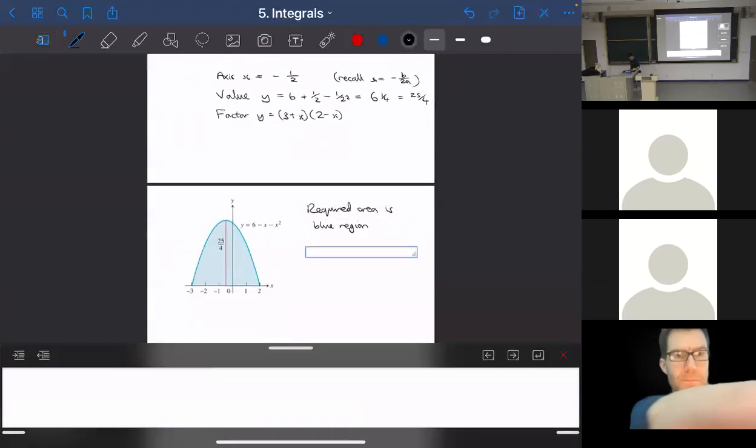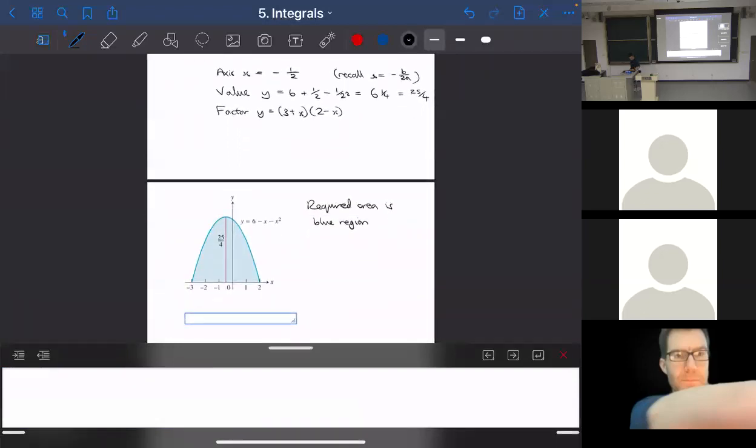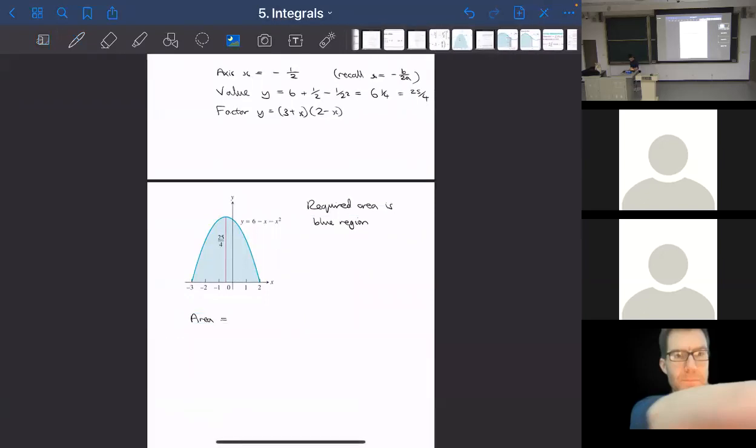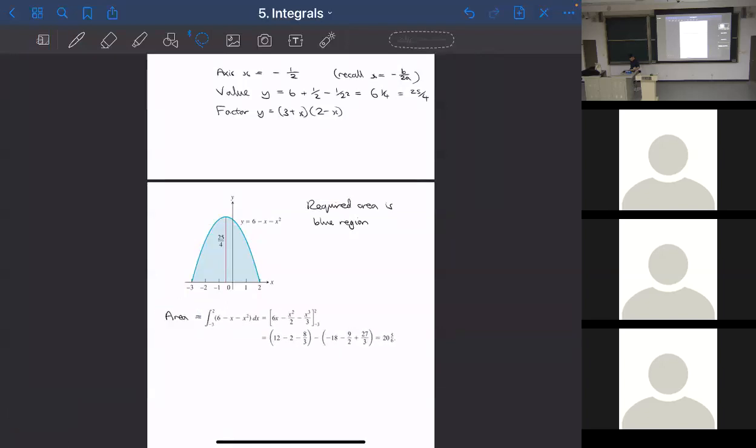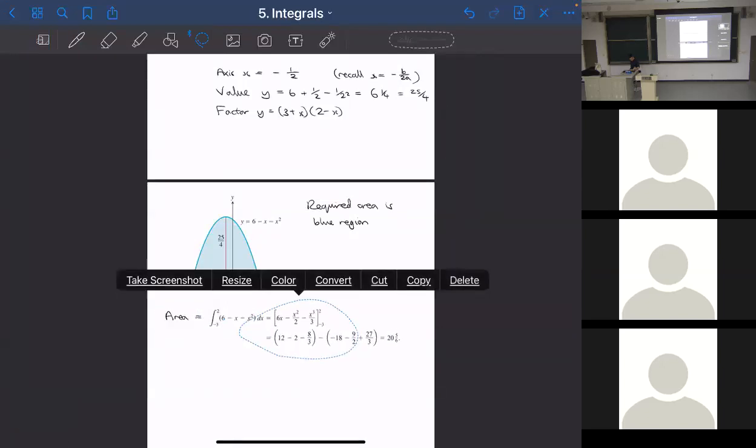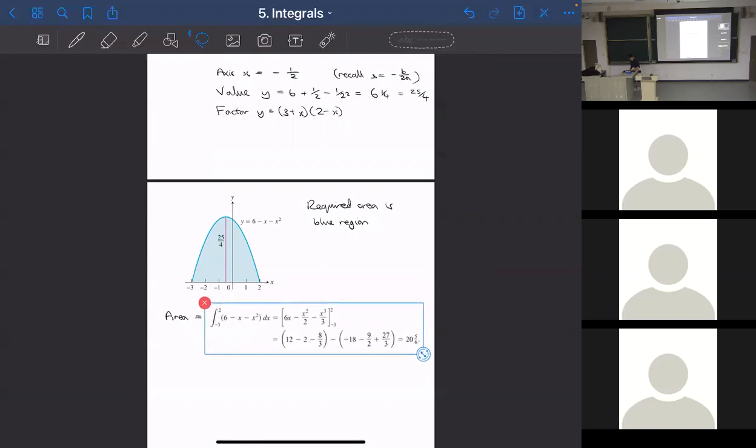So the area equals, here I'm going to take the calculation from the book because the calculations are the same we've done before, but it takes a bit of time to write out.